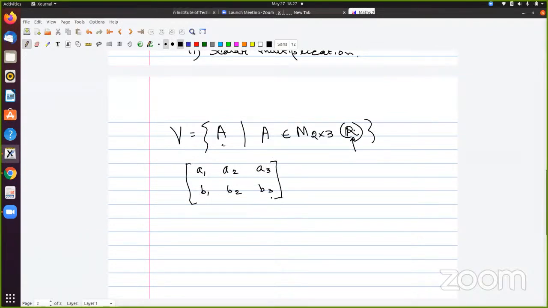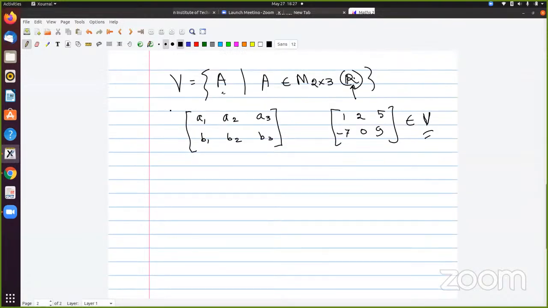Any element of this set will look like this. So if I say 1, 2, 5, minus 7, 0, 9, this is an element of this vector space. And you know how to add it. At each element you will add the element, so basically element wise or coordinate wise.